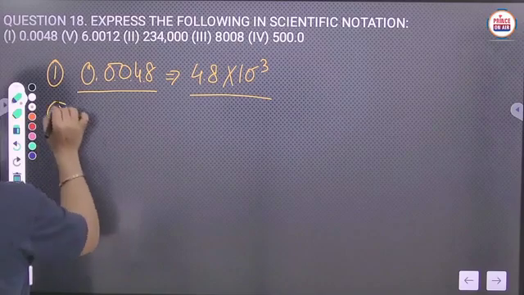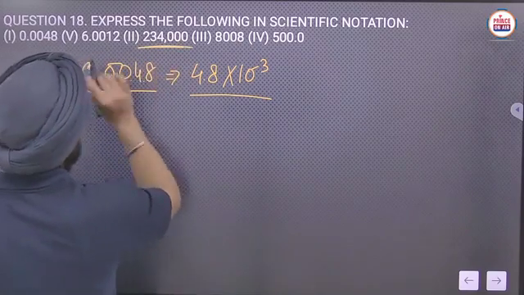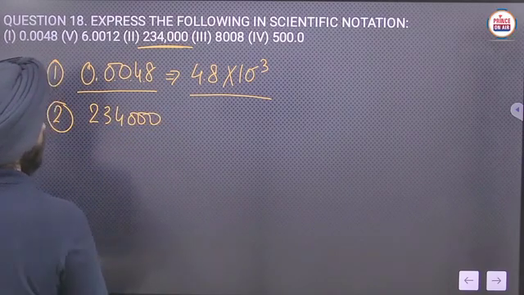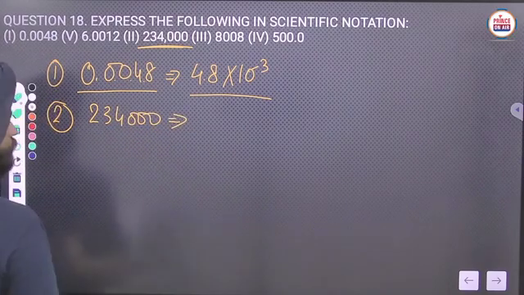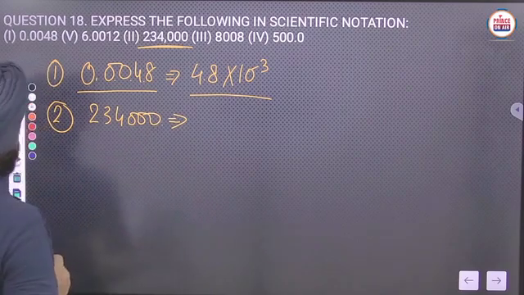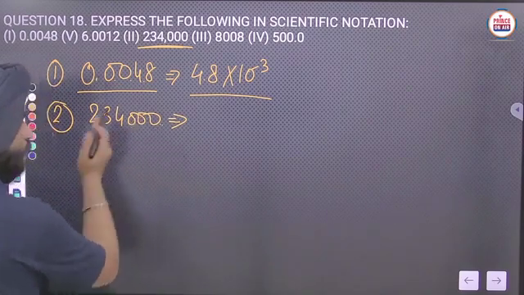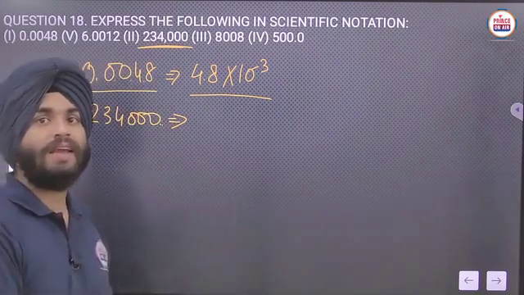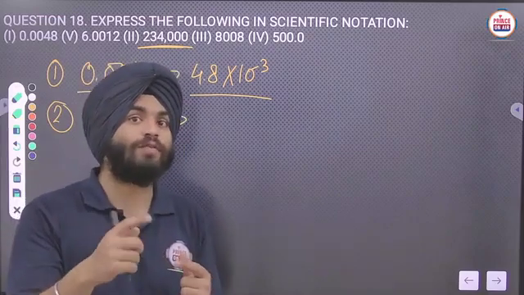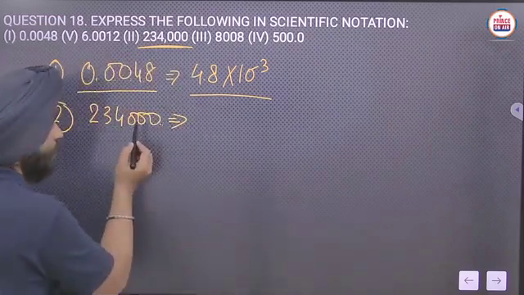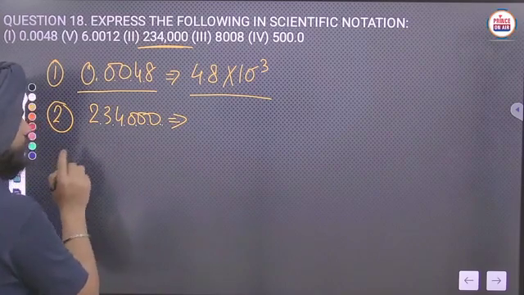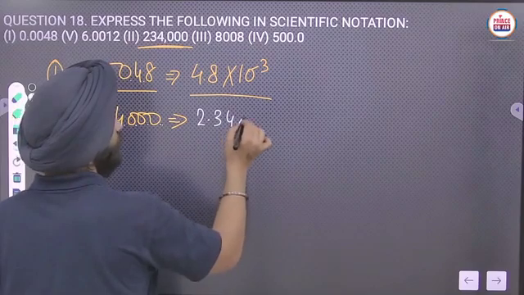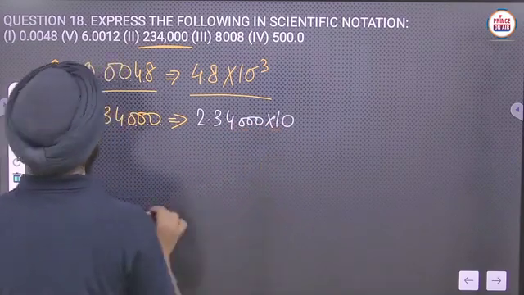Next question, the second one, is 23400. If you place the point here and shift the decimal towards the left side, the power of 10 will increase. So 1, 2, 3, 4, 5 steps, so 2.34000 into 10 raised power 5.